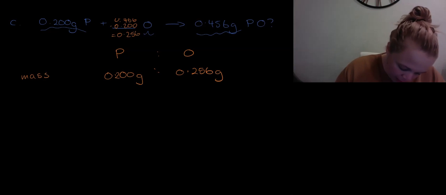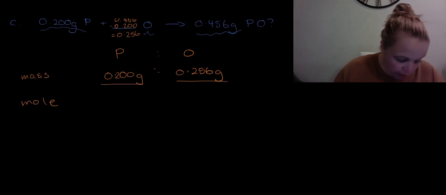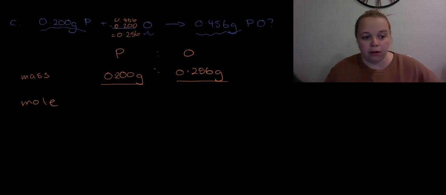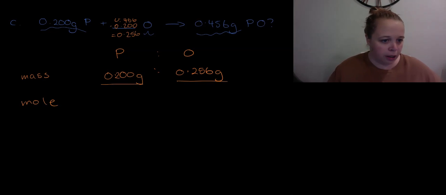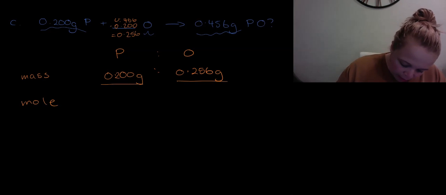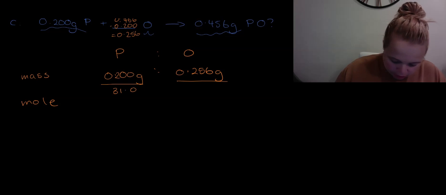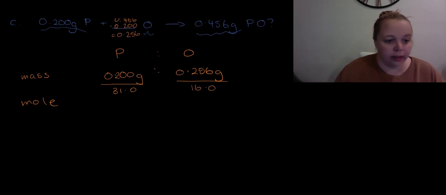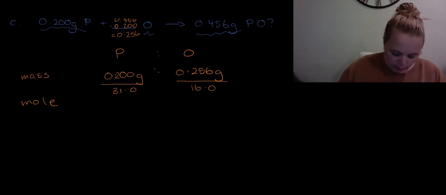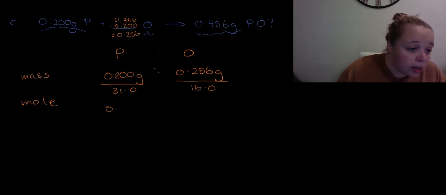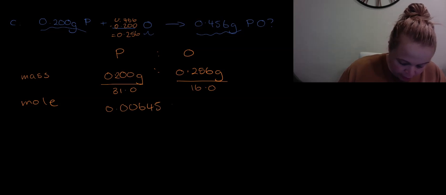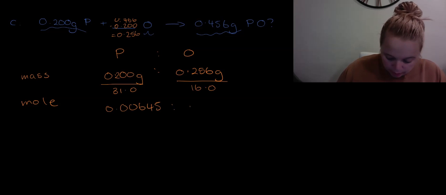What do we need to do next? We need to go back to the mole. So we're going to divide them by their masses on the periodic table. When we look on the periodic table, the mass of phosphorus is 31 and the mass of oxygen is 16. What we're going to end up with is 0.00645 to 0.016.